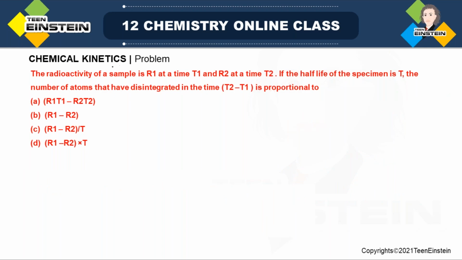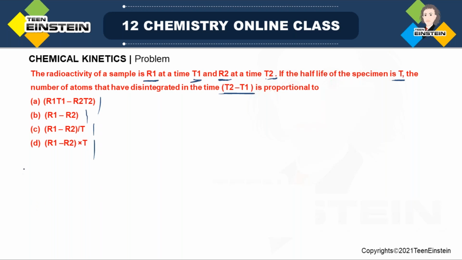Next question. The radioactivity of a sample is R1 at time T1 and R2 at time T2. If the half-life of the specimen is capital T, then the number of atoms that have disintegrated in this time interval will be proportional to which of these?